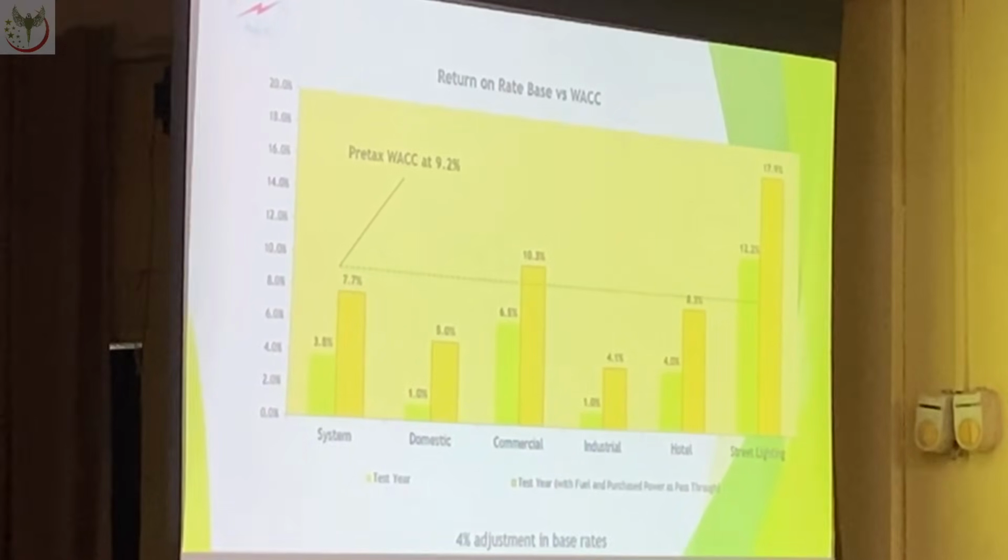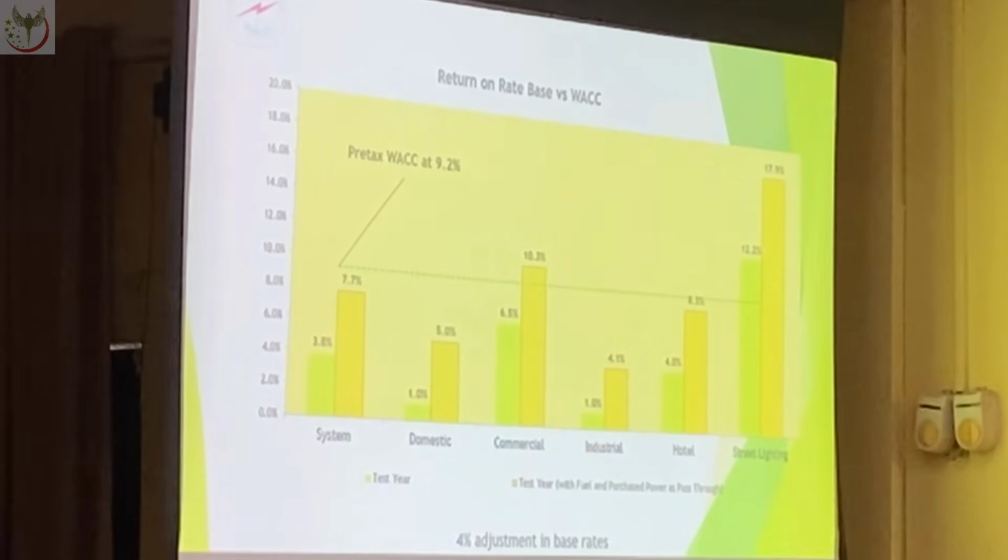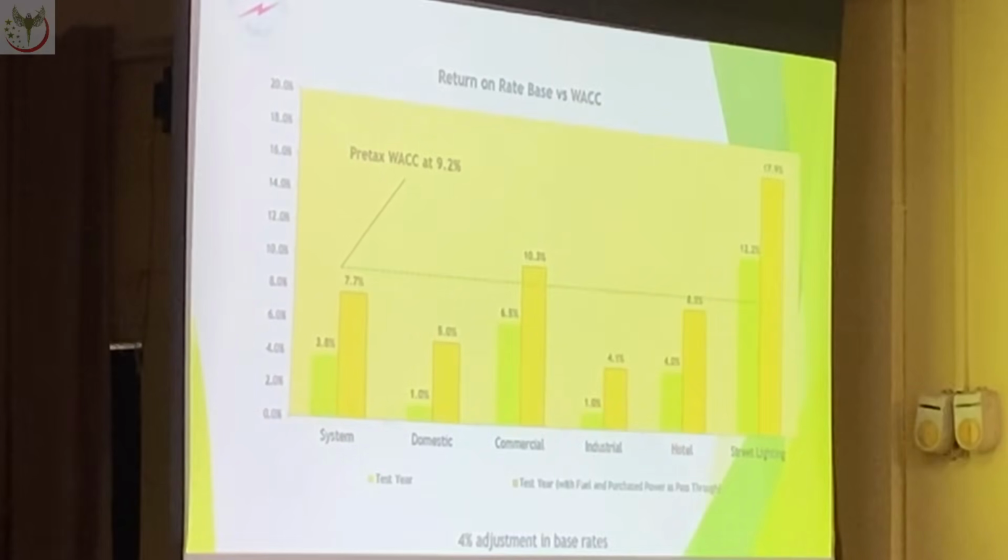Now, you can see that domestic, commercial, industrial, and hotel are all below that line except the street lighting. The line is what we would like to achieve. To achieve that line, the returns for each sector have to total a 4% adjustment in base rates. That is to understand where the 4% is coming from.